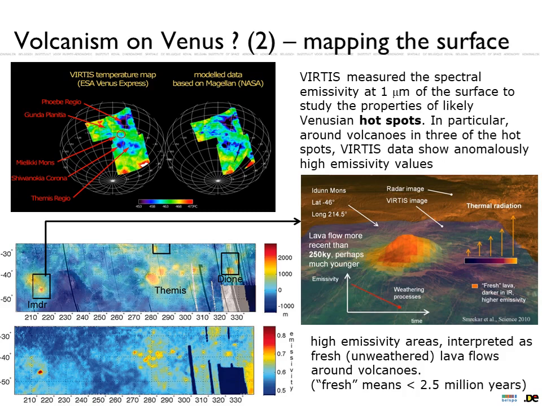VIRTIS data show anomalously high emissivity values. Those are anomalies because, like on Earth, if you climb to the top of a mountain, the temperature should decrease and not increase as was observed. These high emissivity areas were interpreted as fresh lava flows around volcanoes.